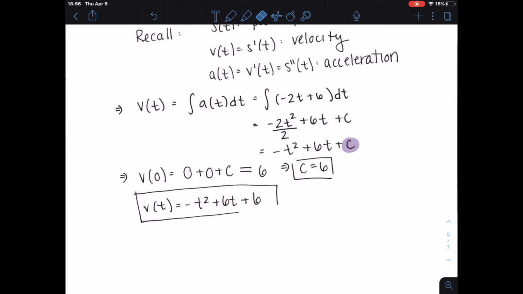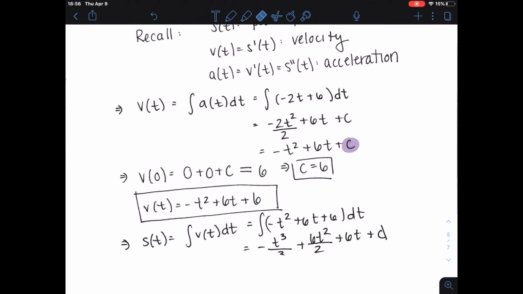And so our ultimate goal is to find the position function. The velocity is the derivative of position, so to find the position, I integrate velocity, which is the same as integrating this function. Each one of these is just reversing the power rule.